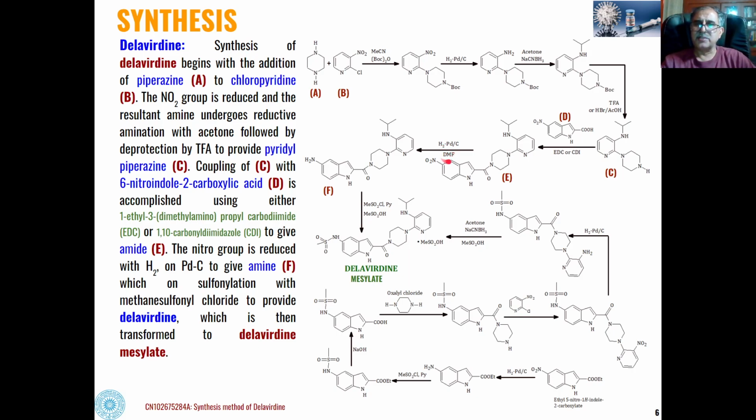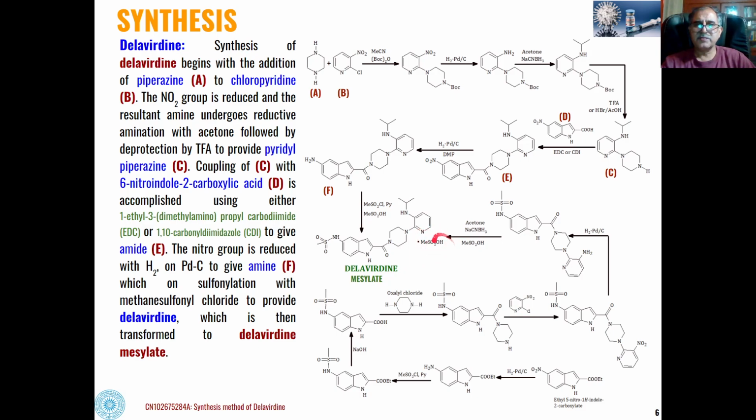And this amide, when reacted with hydrogen on palladium and charcoal in presence of DMF as solvent, then this nitro group is reduced to amino, and this amino group on reaction with methane sulfonyl chloride and pyridine will generate this sulfonamide group. So this is how delavirdine mesylate is formed.